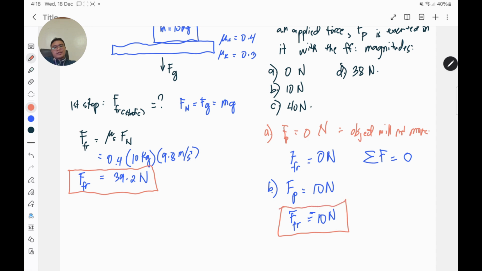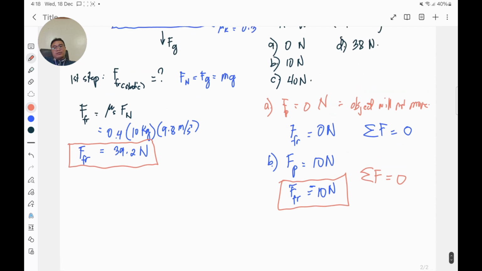Again, you might ask, why is this negative 10 newtons? Because your 10 newton force cannot overcome the 39.2 newton frictional force due to the static friction. So the sum of all the forces here is equal to 0. If you apply a 10 newton force, then an equal 10 newton force is applied in opposition, making the net force 0. So the object will not move.